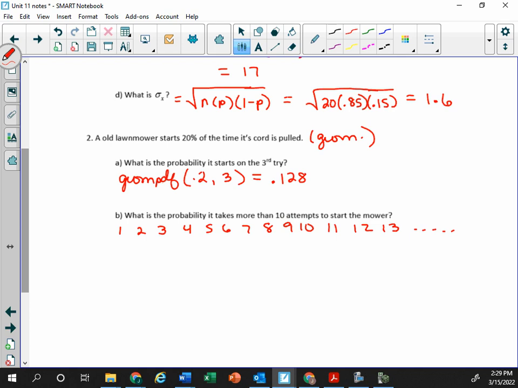So more than 10 attempts. Does everybody agree that that would be this group from 11 continuing on? That's the group we actually want. Okay. So we could think of this as saying at least 11.